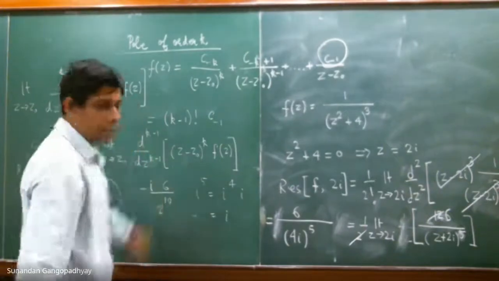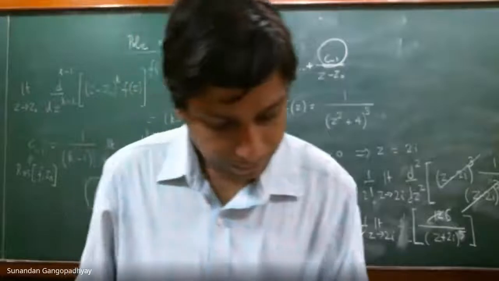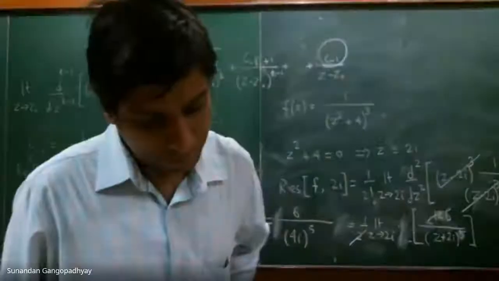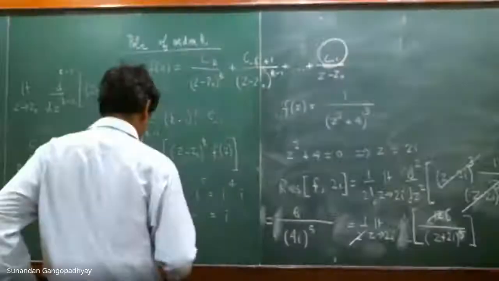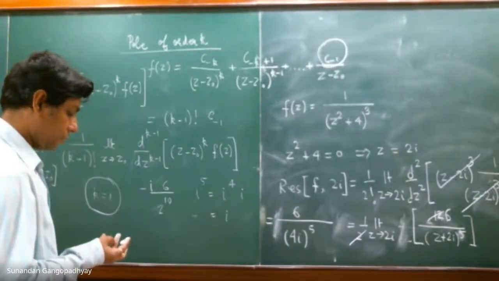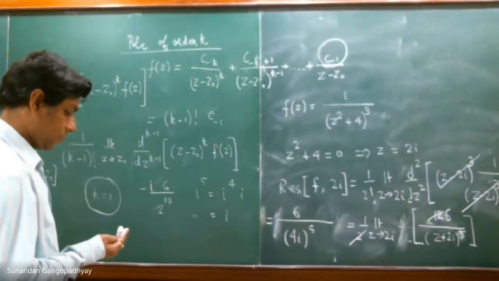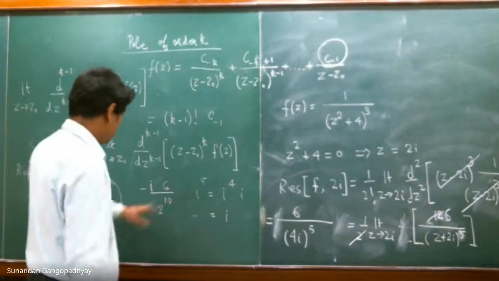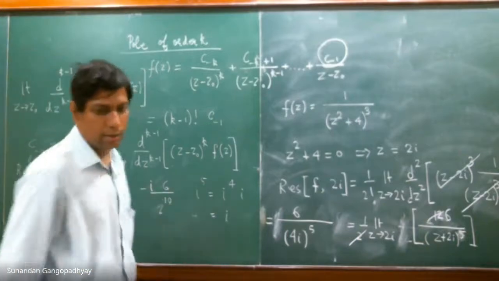So you can just calculate what this is. 4, 8, 16, 32, 64, 128, 256, 512.